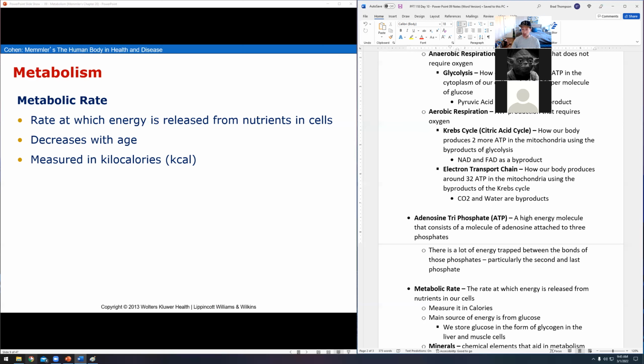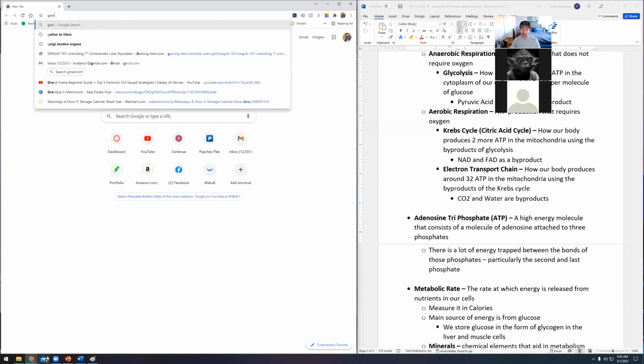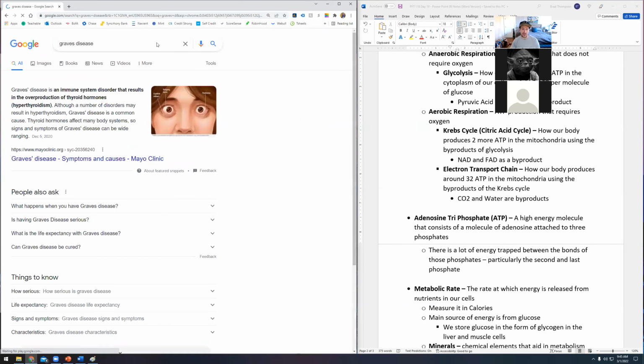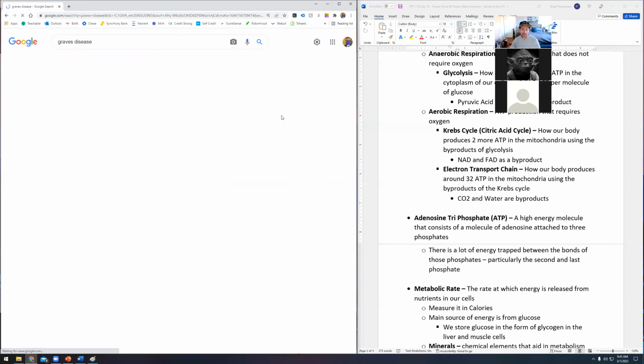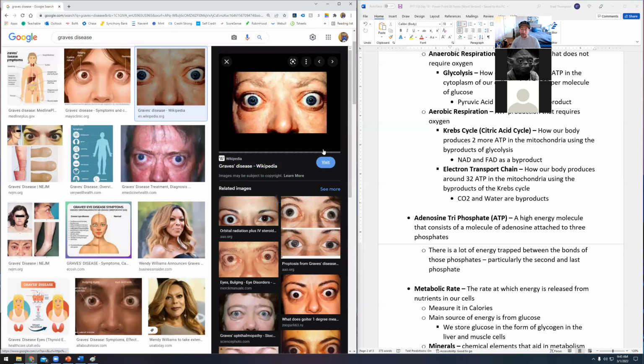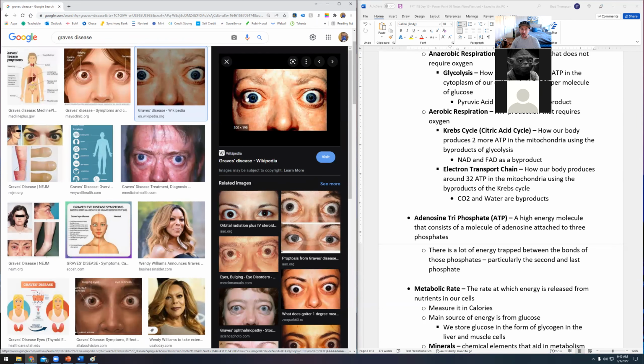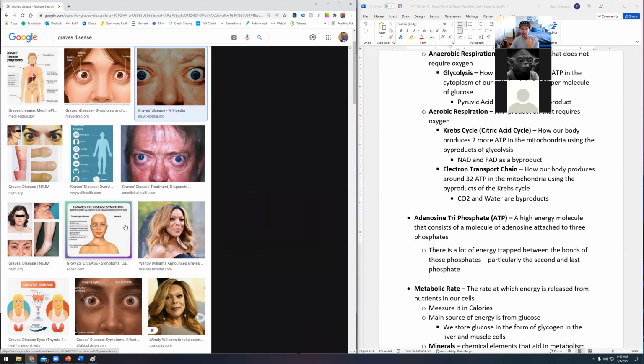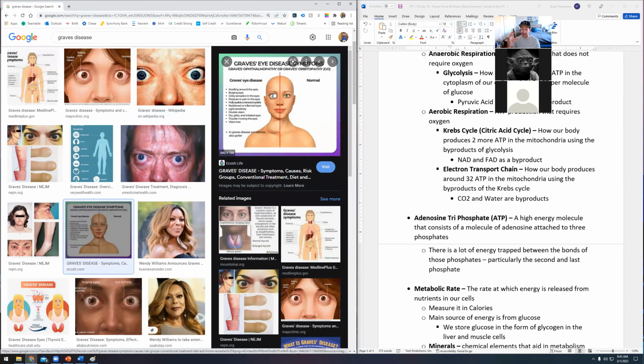You can see some people who create too much thyroid get what's called Graves' disease. You'll notice they look kind of bug-eyed. The reason is that the muscles of their eyes are constantly bulging and swelling because those muscles are contracting even though they should be relaxing.